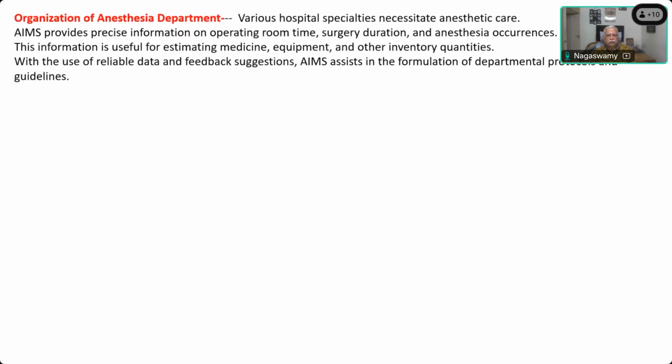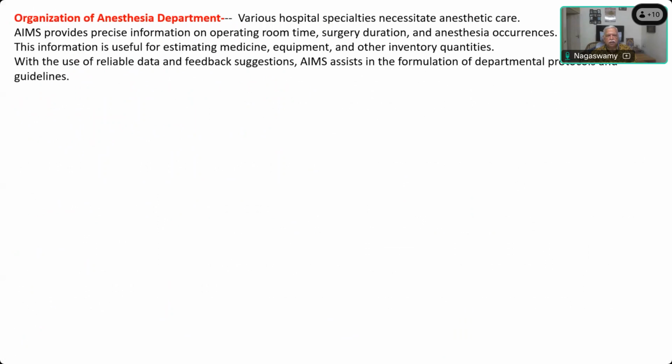Then organization of the anesthesia department can also be done. Various hospital specialties necessitate anesthesia care, so you can use AIMS to provide information on operating room time, surgery duration, and anesthesia occurrences, and this will be useful in estimating medicine usage, equipment usage, and other inventories.